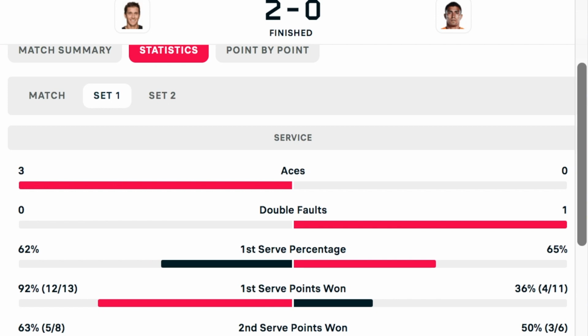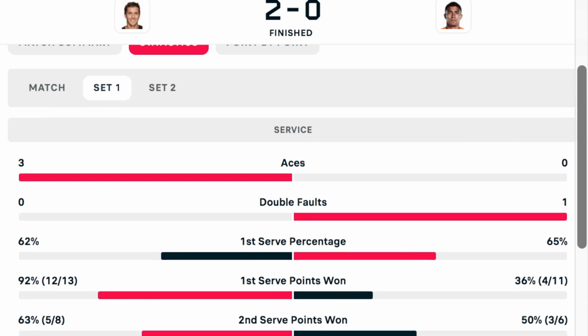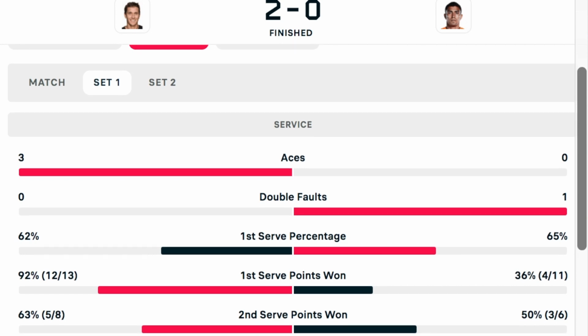Now first serve percentage is of some relevance as we want to be backing a player who is getting their first serves in. Now here, actually Montero has the higher first serve percentage of 65% versus 62% from Gerasimov. But, and this is a major but, Gerasimov got 92% of his first serves in versus only 36% from Montero.